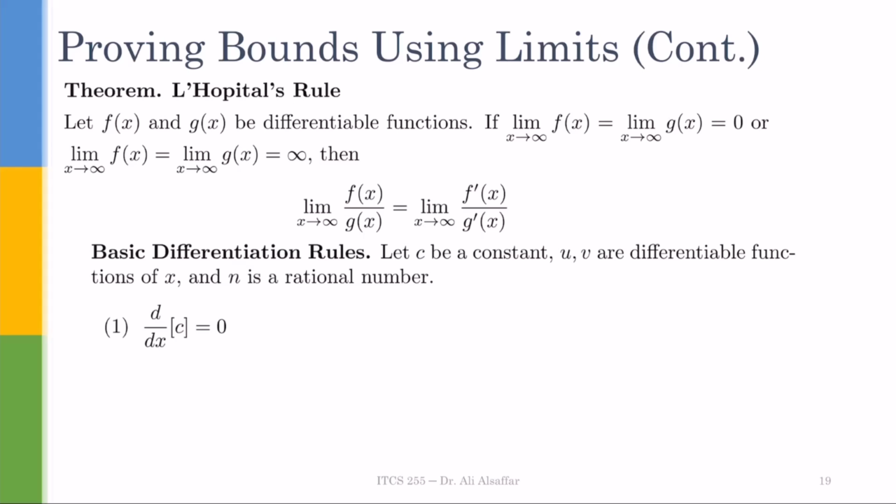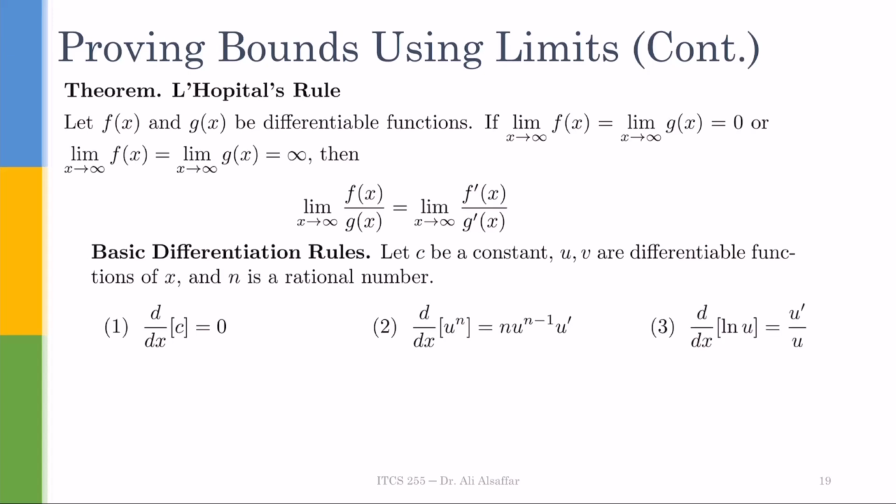The first is the derivative of a constant, and the derivative of a constant is equal to 0. Second is the derivative of a function raised to power n. It is equal to n multiplied by this function raised to power n minus 1 multiplied by the derivative of this function.